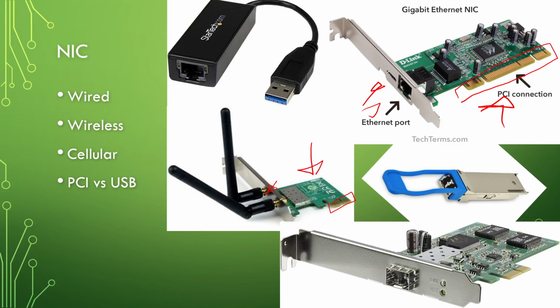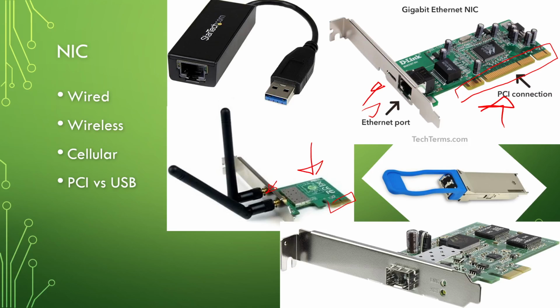It could be cellular, but most likely I'm going to assume it's Wi-Fi, especially since it's for a PCI slot, again, desktop. You don't normally think about having a cellular modem in a desktop. Not saying it's not possible, just you don't traditionally think about it. At least I don't. That one's Wi-Fi.